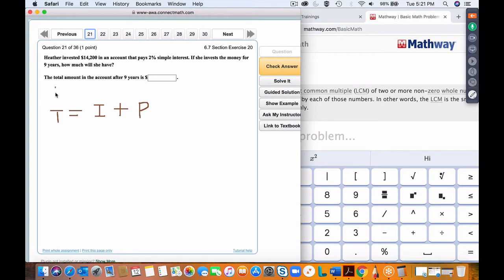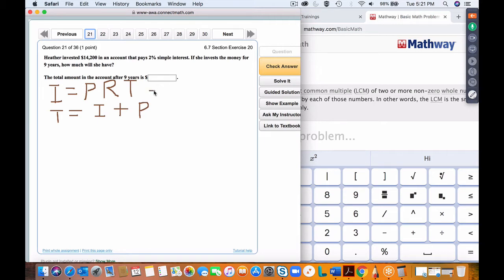But first you have to find the interest, which is going to be equal to, when you multiply all the numbers, the principal times the rate, which is in percent, times the time, which is the number of years, that's t.